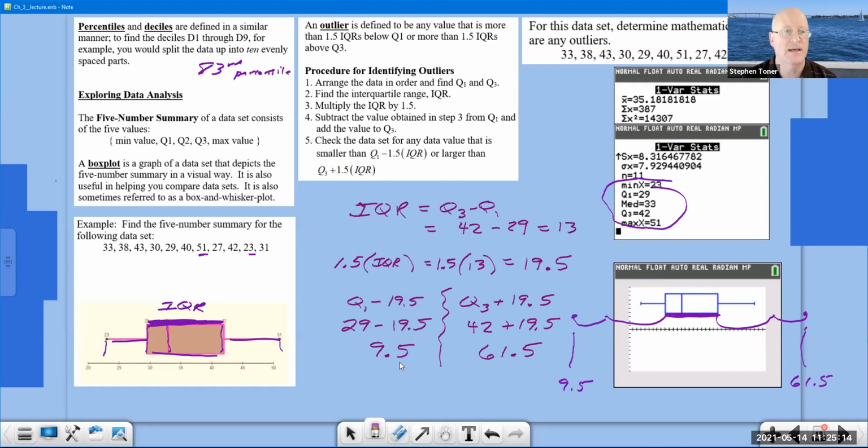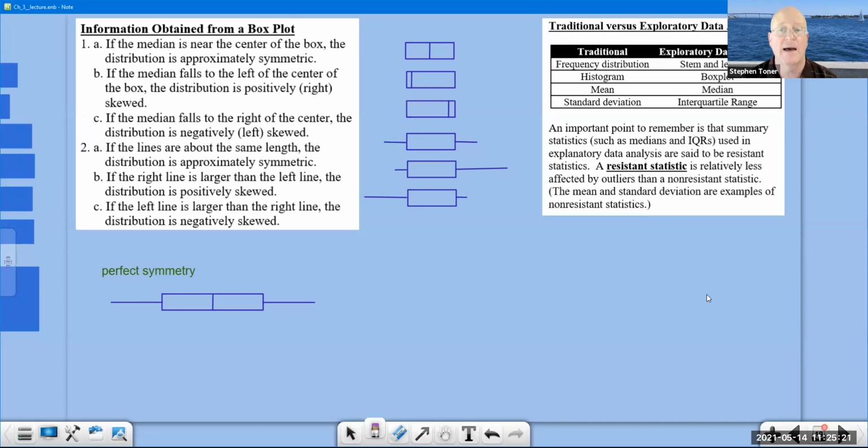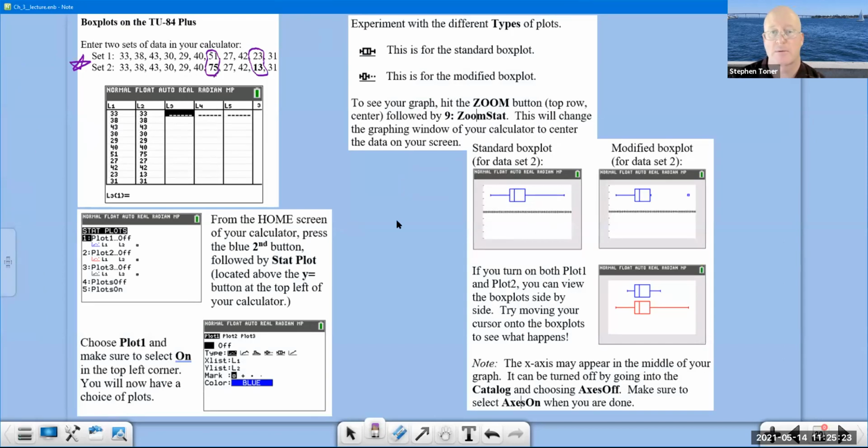And then you would say anything below 9.5 or above 61.5, or whatever those values happen to be for this particular problem. Now you will practice that in your homework. So we'll be going over that when we go over your homework with you.